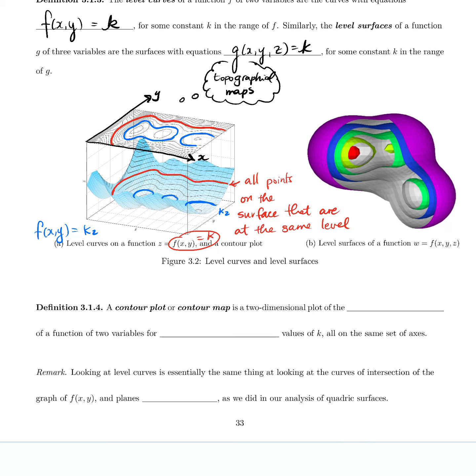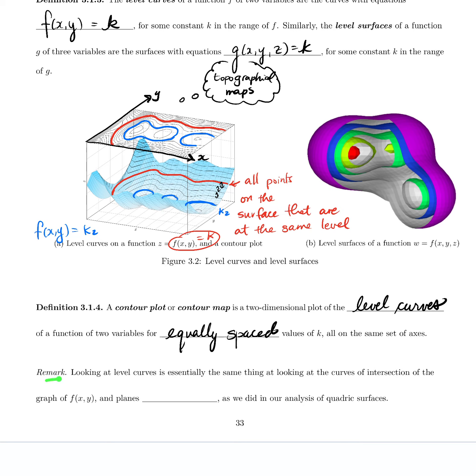So when we plot all of these curves together on a single set of axes, that is called a contour plot or a contour map. It's a two-dimensional plot of all the level curves of a function of two variables for, and this is something I didn't mention before, equally spaced values of k. You see in the diagram here, the height difference between those k values is always taken to be the same.